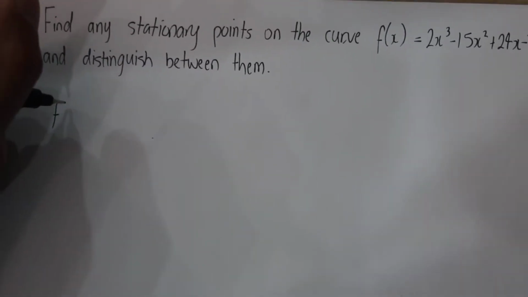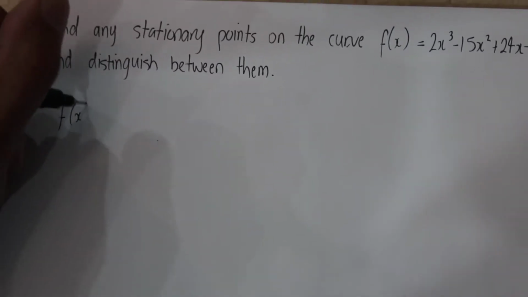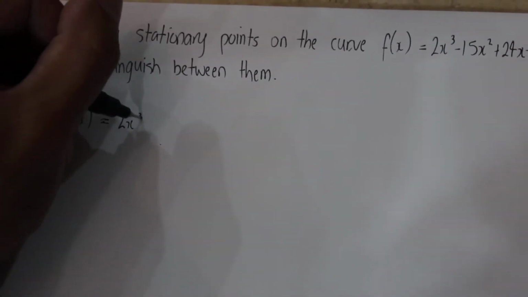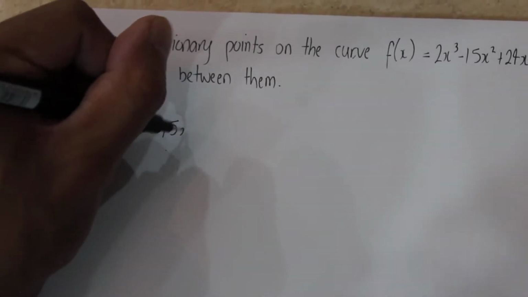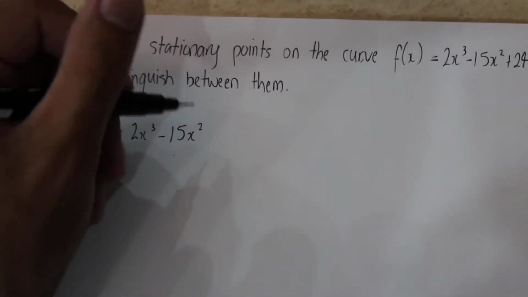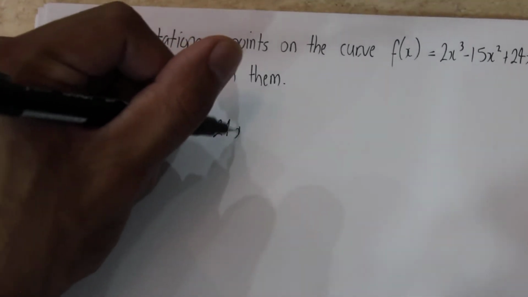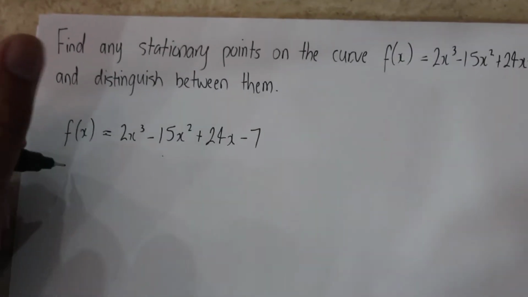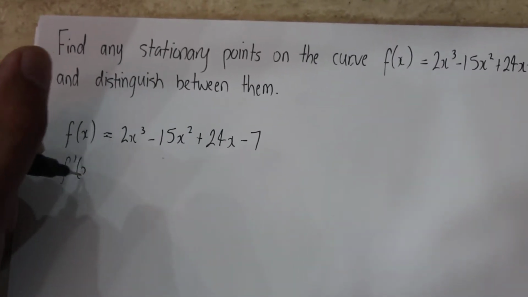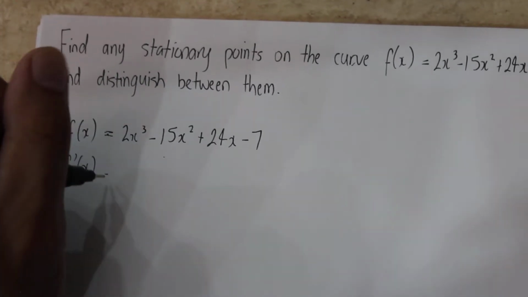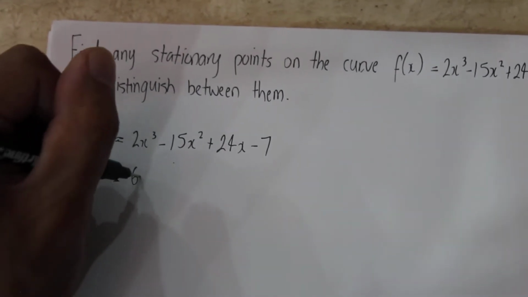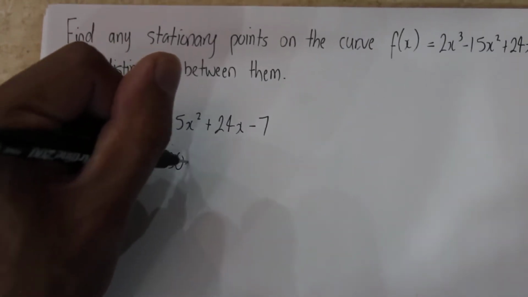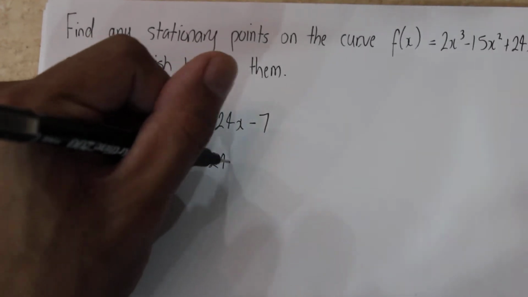We know that f(x) is equal to 2x cubed minus 15x squared plus 24x minus 7. So the derivative, f dash x, is going to equal 6x squared minus 30x plus 24.